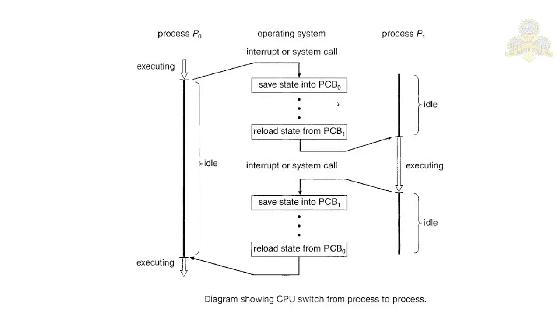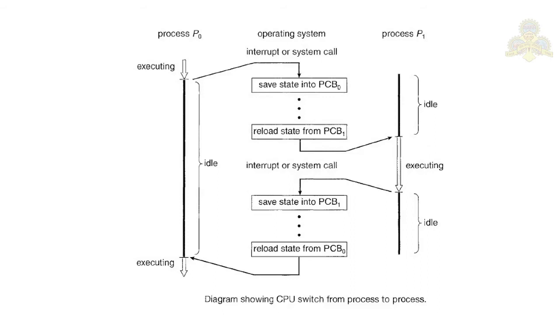It has to do some work. So another process which was idle can be given to the CPU for executing. At that time the process P1's state has to be restored from its PCB. Then it can start executing. So this we call a context switch.